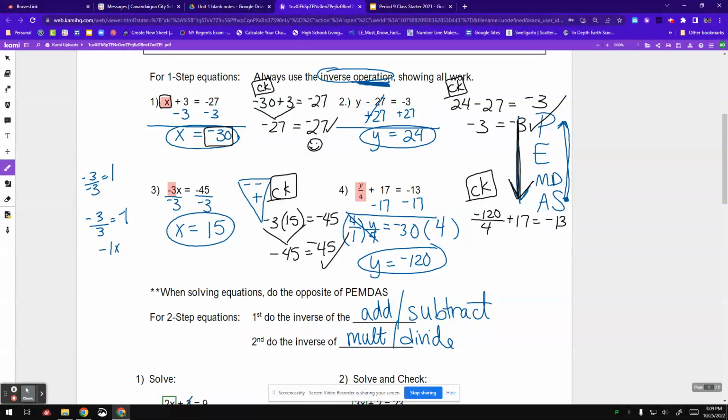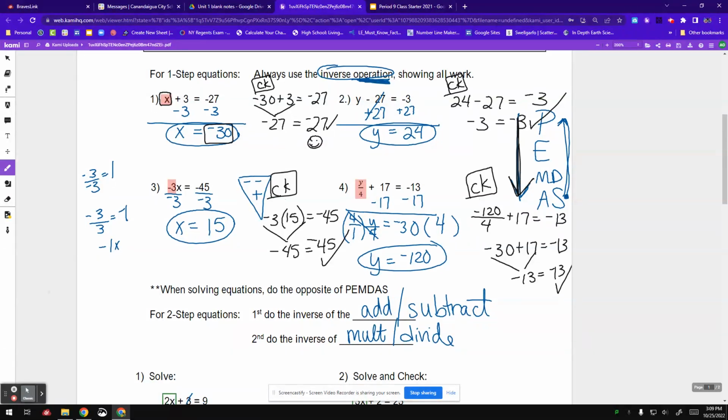This is the order of operations. So parentheses, exponents, multiply, divide first. This gives you negative 30 plus 17. And negative 30 plus 17 is negative 13. So you do get that correct answer.